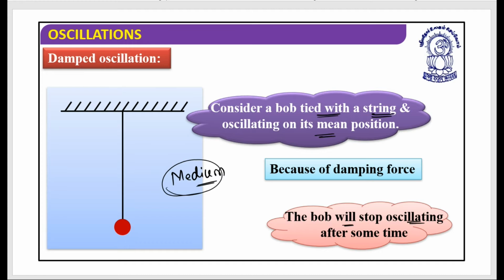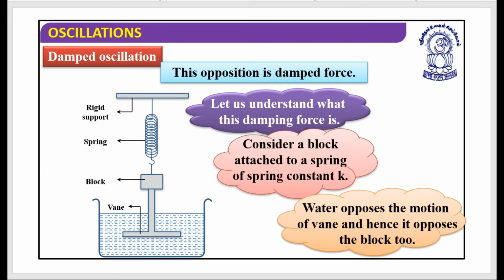Now let's look at another situation. This is a rigid support, and with this rigid support we have connected a spring, and with this spring a block and vane system has been connected, and this has been put into a container filled with a certain liquid. When we displace it once, it will start oscillating upward and downward.